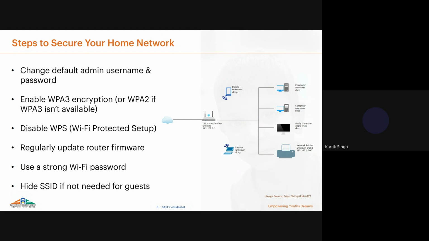After that, we have to disable WPS, which is the easiest method to connect to a Wi-Fi network. After that, we must check for updates of our router firmware. If there's any update for our router firmware, we must update it. Use a strong Wi-Fi password, as using a strong Wi-Fi password will take a lot of time for the hacker to crack that password. Hide SSID if not needed for guests.